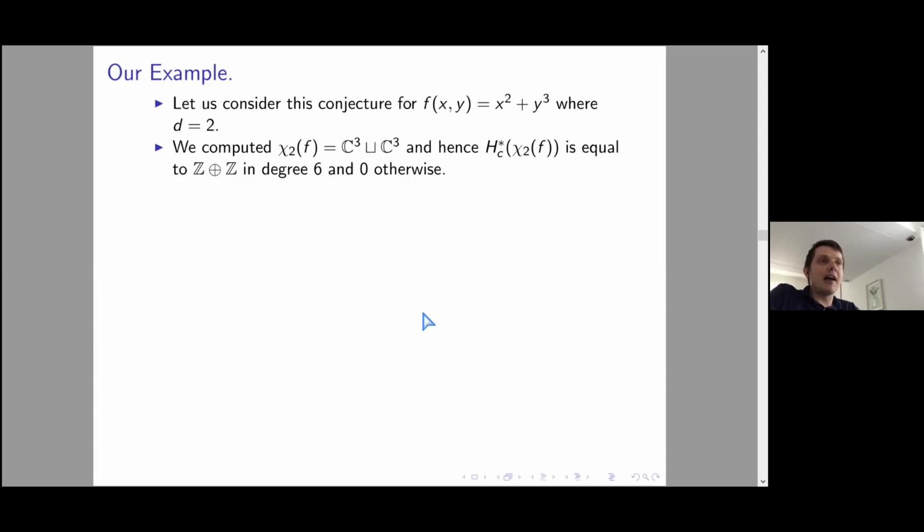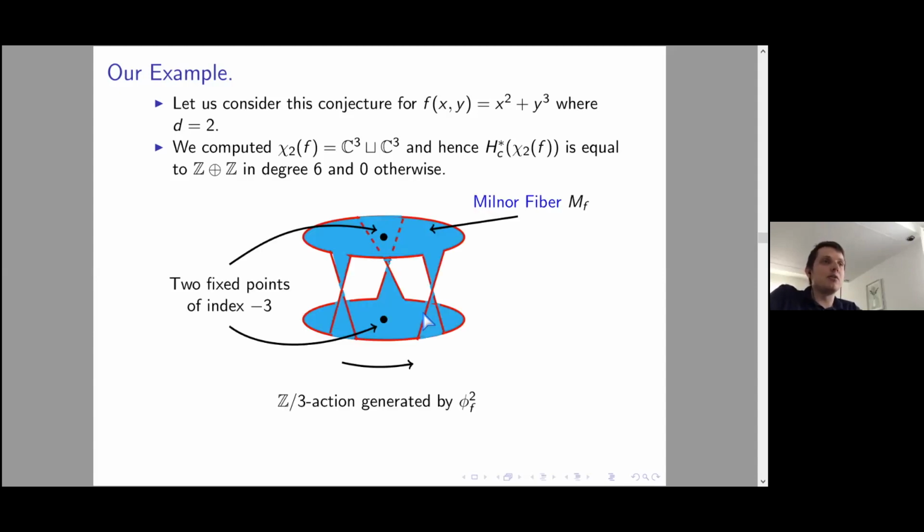And I had an explicit description of the monodromy map, and I can compute what the fixed points are. So I'm looking at phi, the Milnor map, phi f, and I'm looking at phi f squared. So phi f squared is just this Z over 3Z rotation. And, well, you can just see there's just two fixed points.